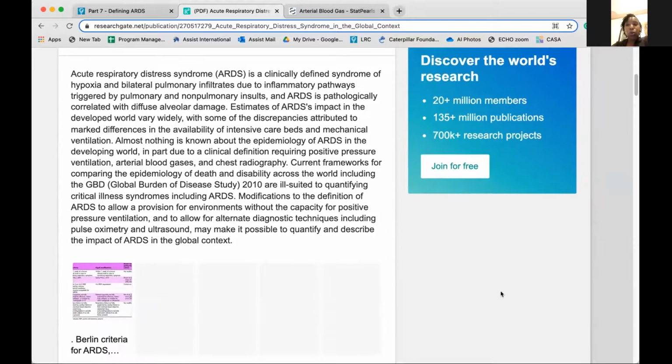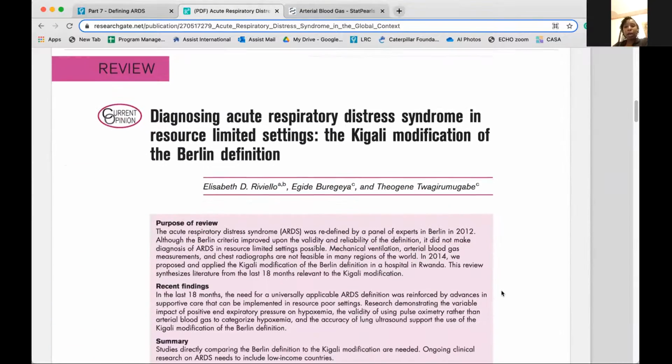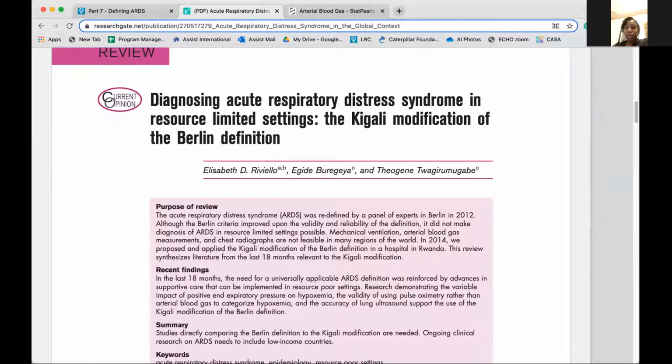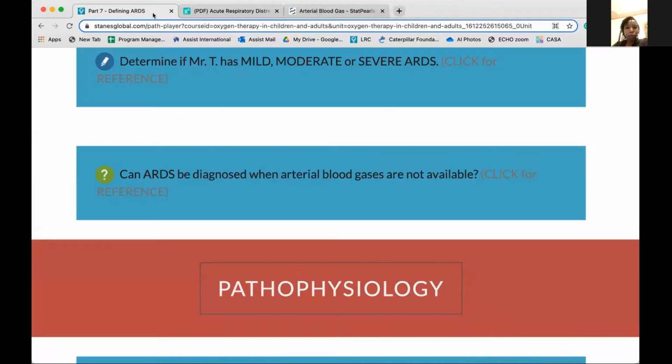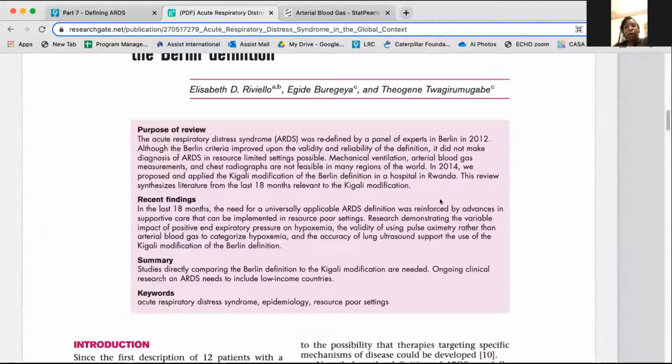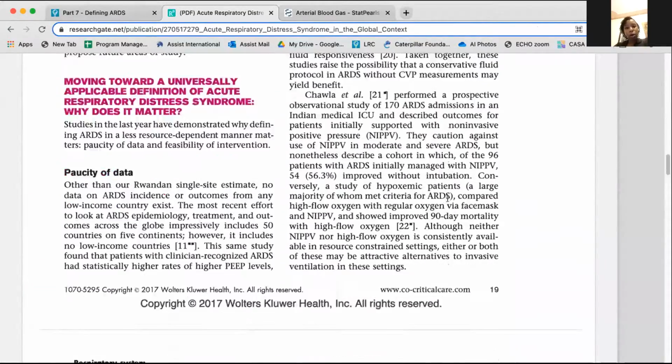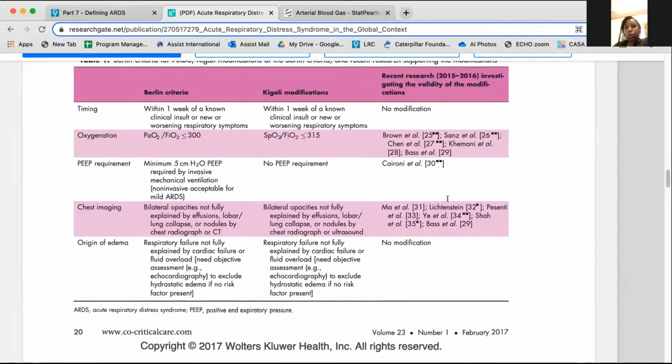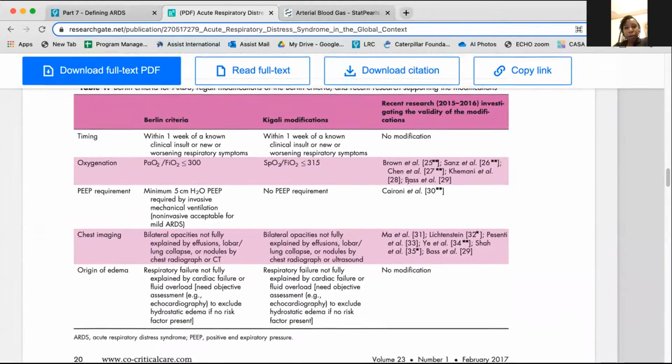Whatever we have used to determine the patient has hypoxemia, which is our SpO2, can be used to calculate the PF ratio. So instead of the partial pressure of oxygen that you get when you do the BGA, we are going to substitute that with the SpO2. So it will be the SpO2 divided by the fraction of inspired oxygen, which is the FiO2. So you'll do SpO2 divided by FiO2.